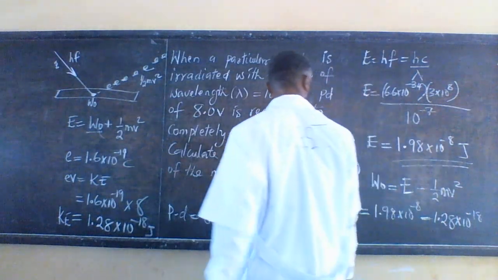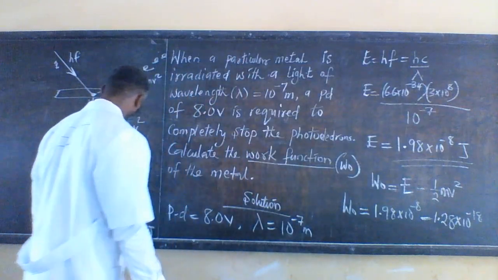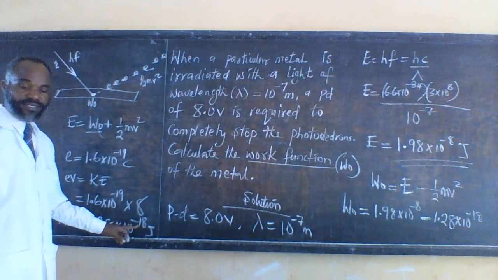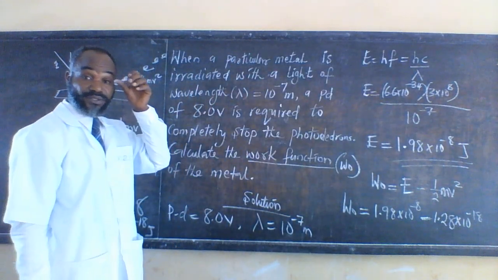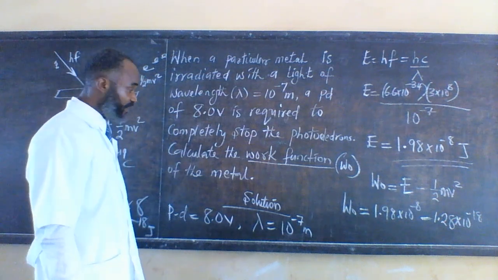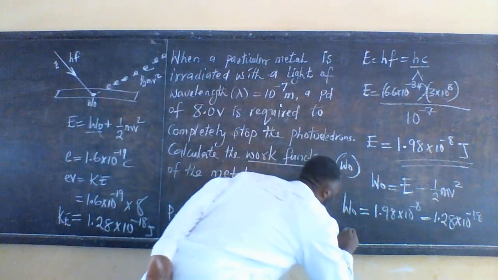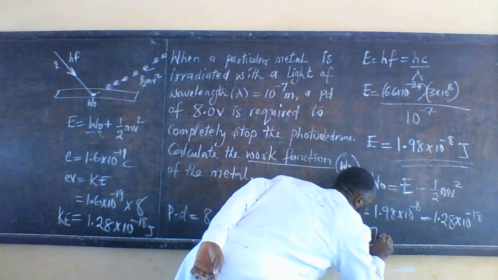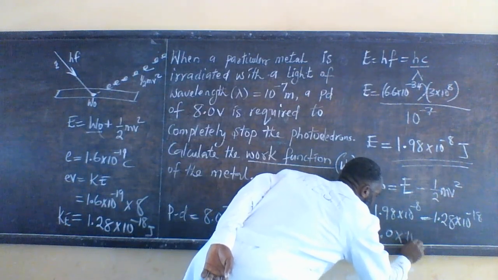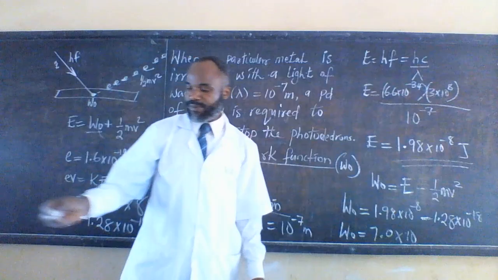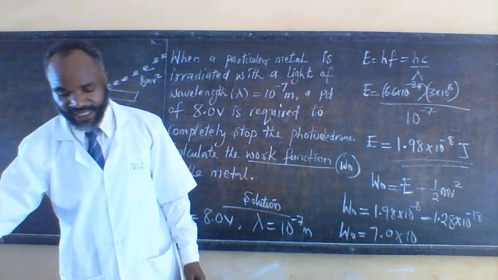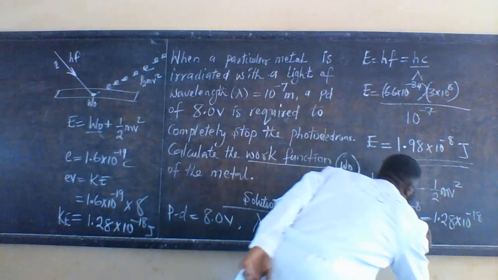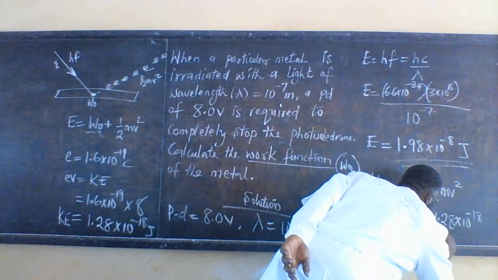So let's see. I hope we're making progress. What next? Very simple. If we do that, we can say that the work function is equal to 7.0 times 10 raised to the power minus 19 joules.